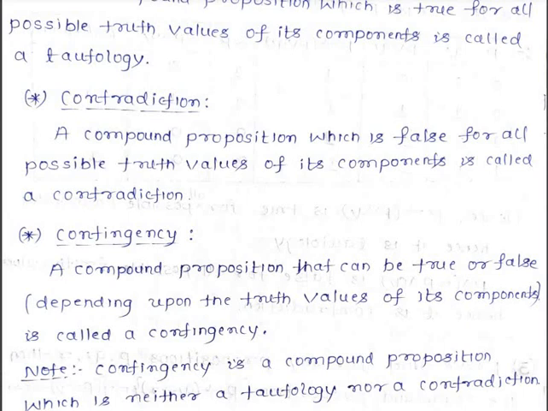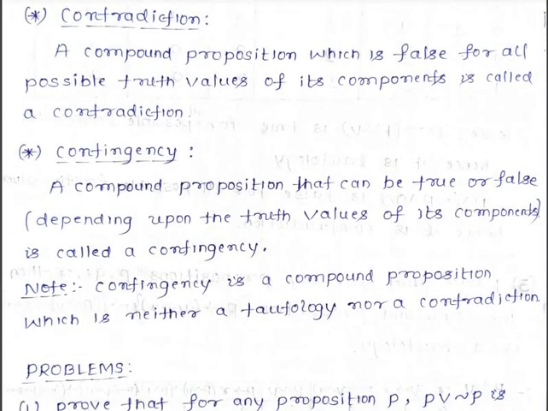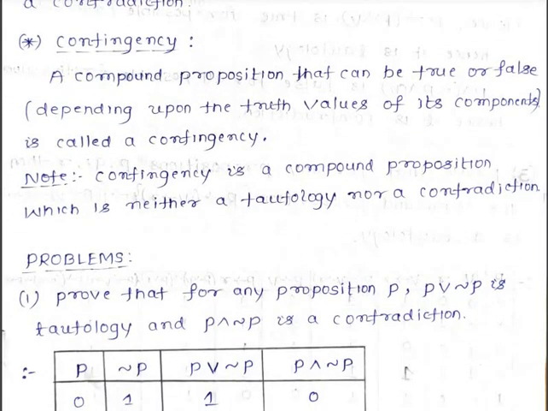Those come under contingency. Note, contingency is a compound proposition which is neither a tautology nor a contradiction. All values will not be true and all values will not be false. It will be a mixture of both. So contingency doesn't come under tautology or contradiction.